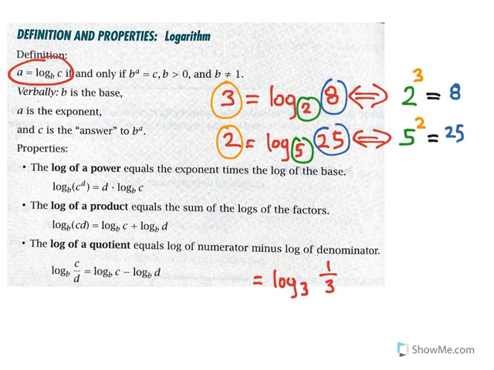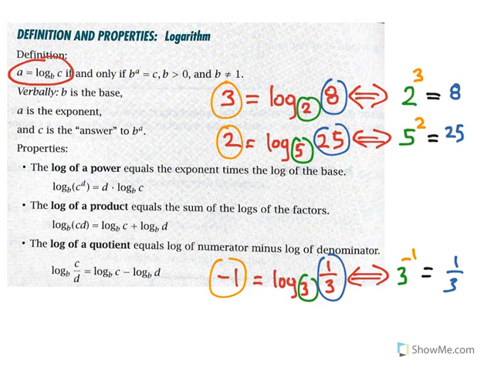So here we have log base 3 of 1/3. That's equal to negative 1 because when you take the base 3 and you raise it to the negative 1 power, you get 3 to the negative 1, which is 1 over 3 to the first, and that is 1/3.